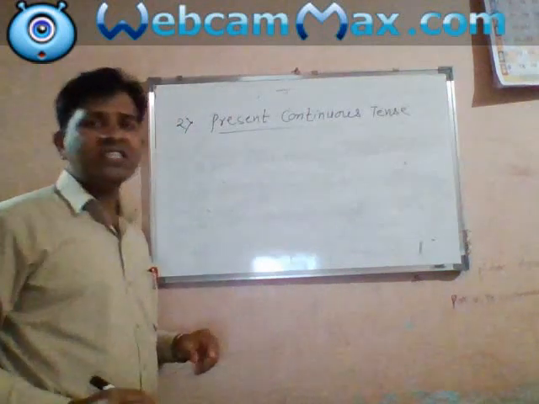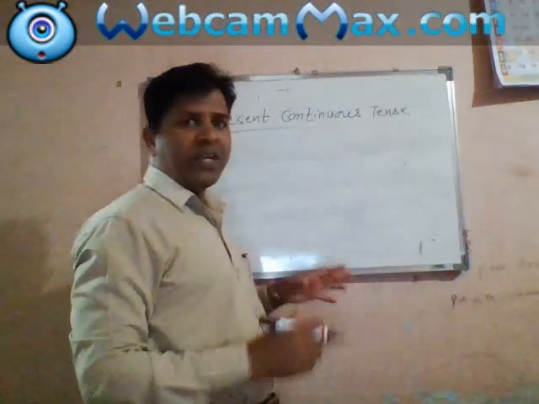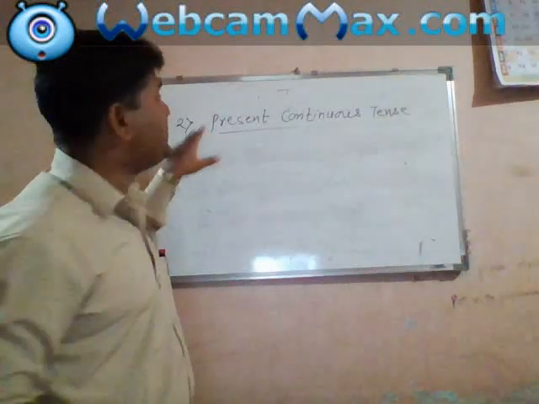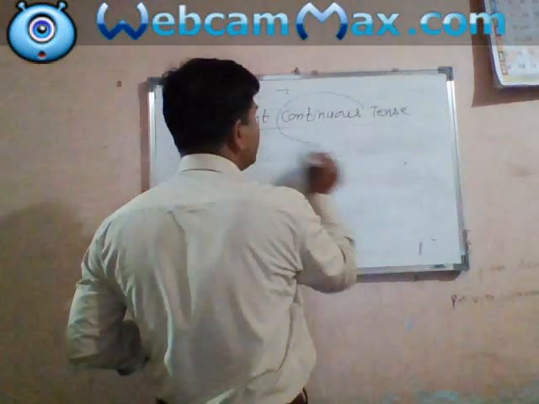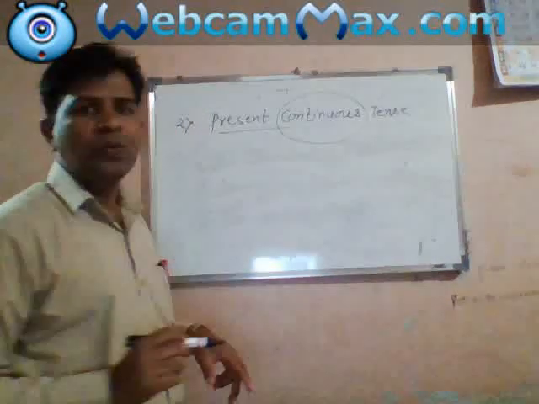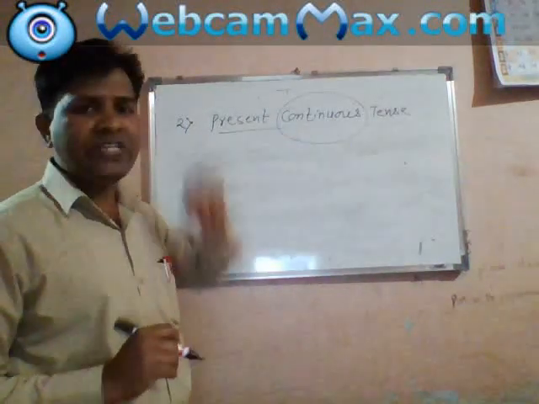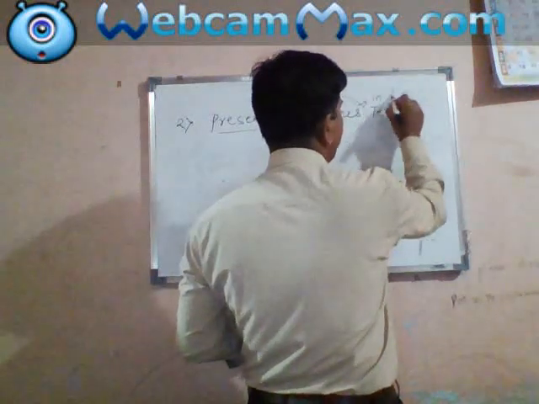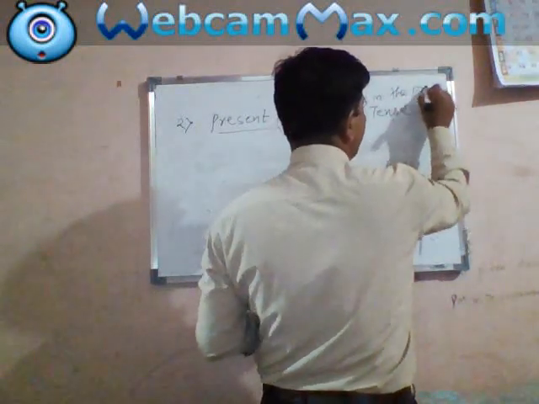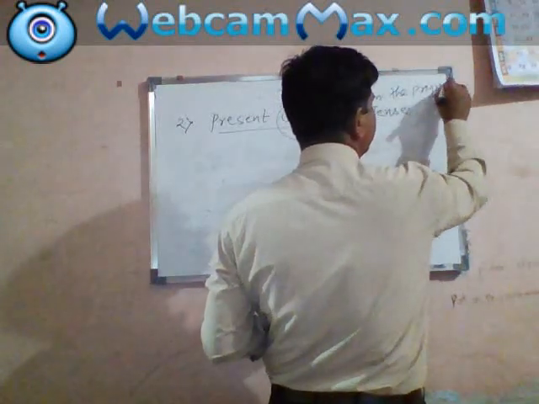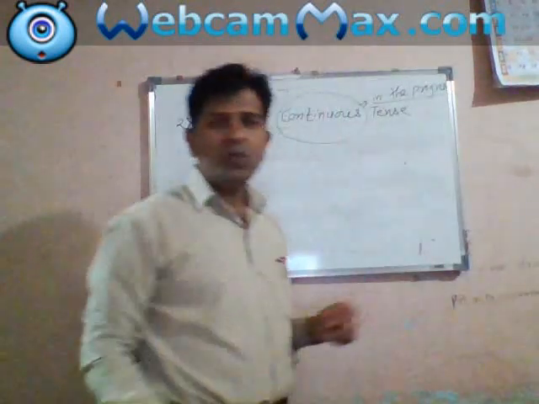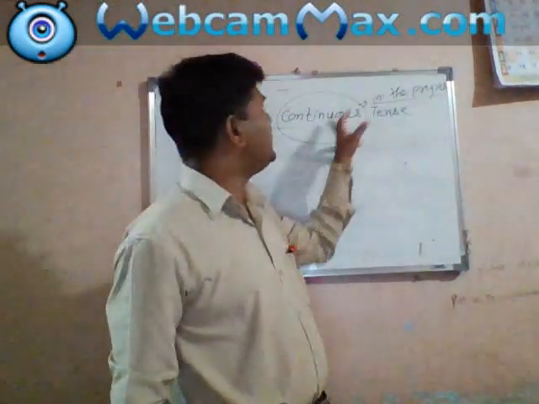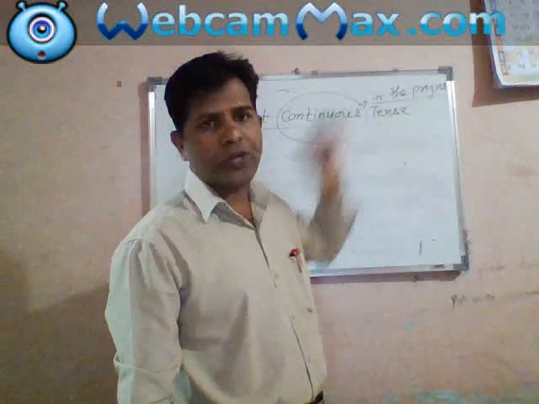Now you see here it is the second tense of present tense, continuous. Now here this word you must understand. Continuous means in progress. Now present continuous tense, continuous means in progress.